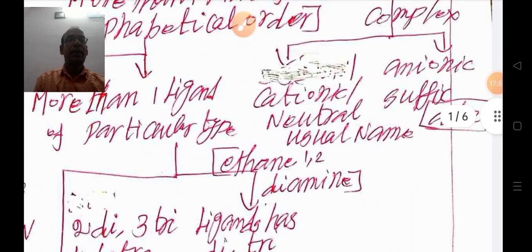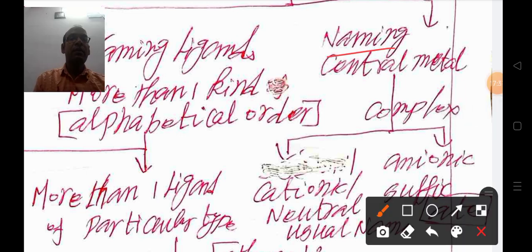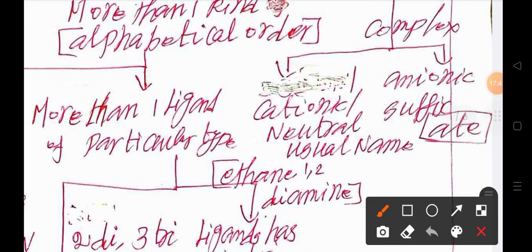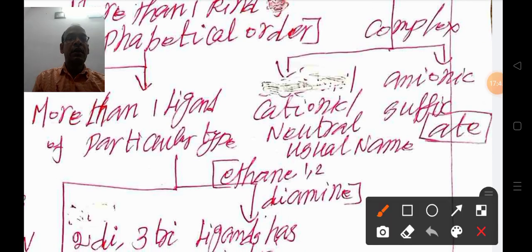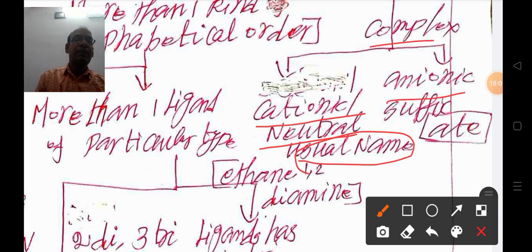And then naming of the central metal ion. If a complex is cationic or neutral, the usual name is given. Suppose a complex is anionic, the suffix ends with ate.